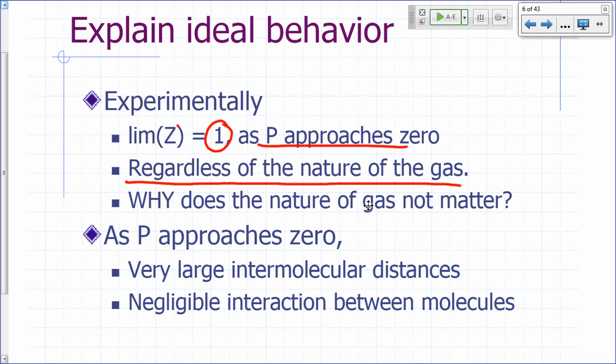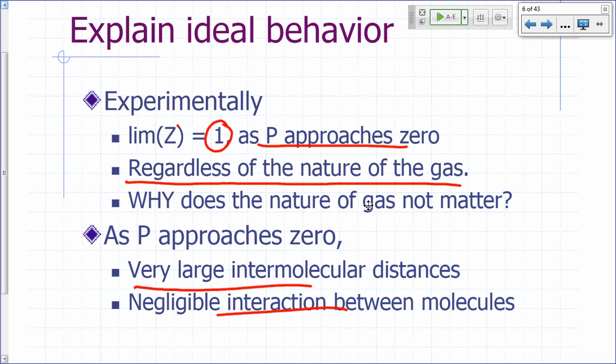The reason for that is at very low pressure, what do we know from the ideal gas law? At very low pressures, your molecules are very, very far apart, right? Very large intermolecular distances. In other words, they more or less move independently of each other. There's negligible interaction between the molecules on average. So it doesn't matter what their structure is.